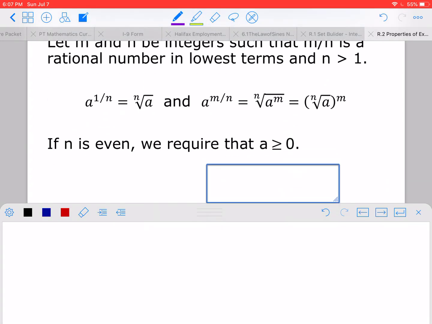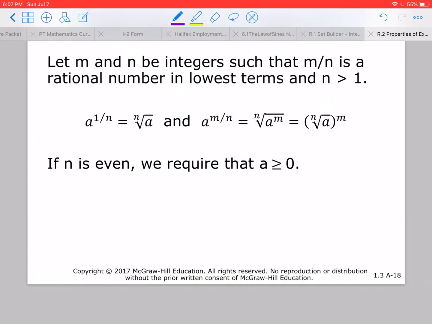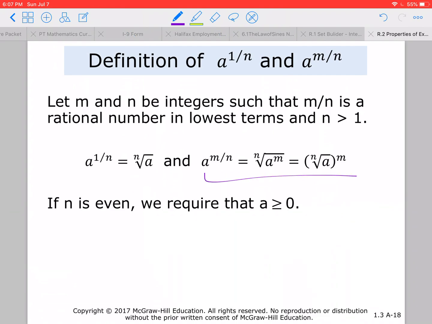And to point out here over to the right, if we've got a to the m over n, just like the denominator of our fractional exponent goes into the root here, the denominator of our rational exponent goes into the root here.